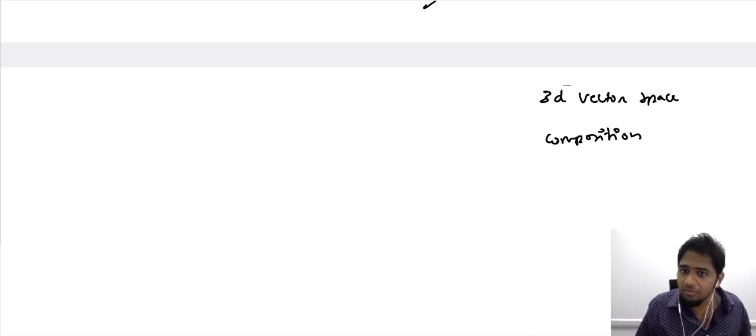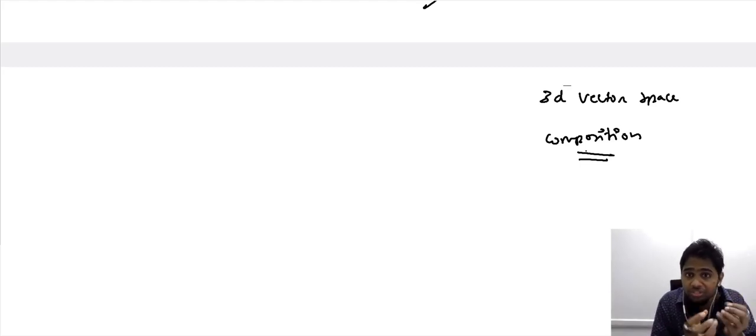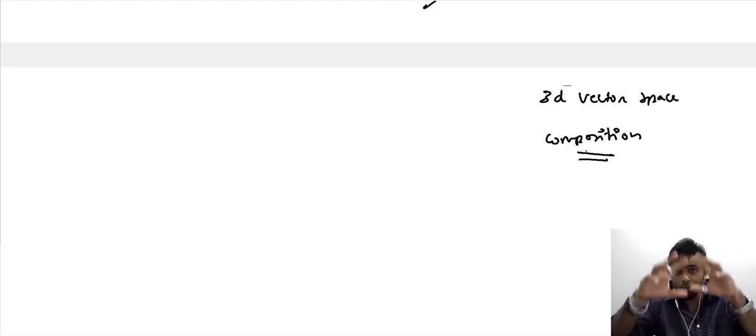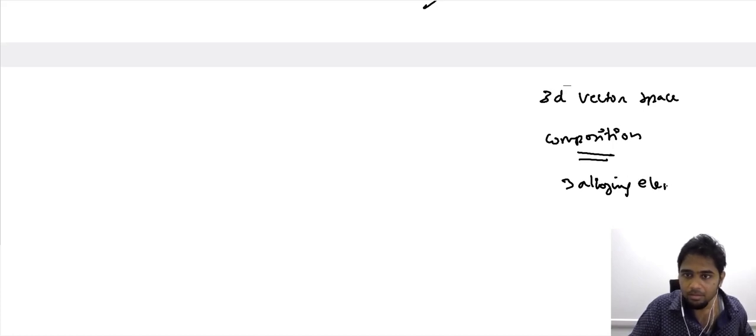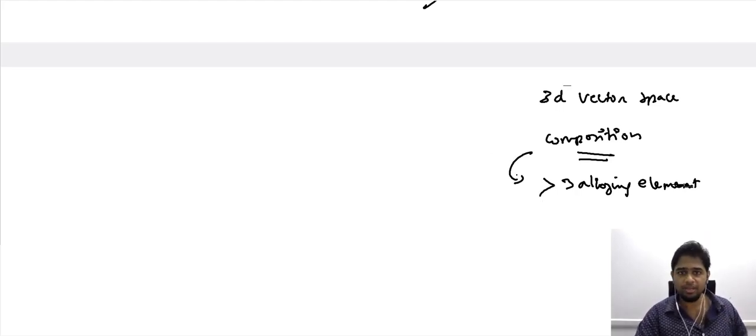So the concentration of the different alloying elements that contribute to the overall composition of the material is often greater than 3 alloying elements.